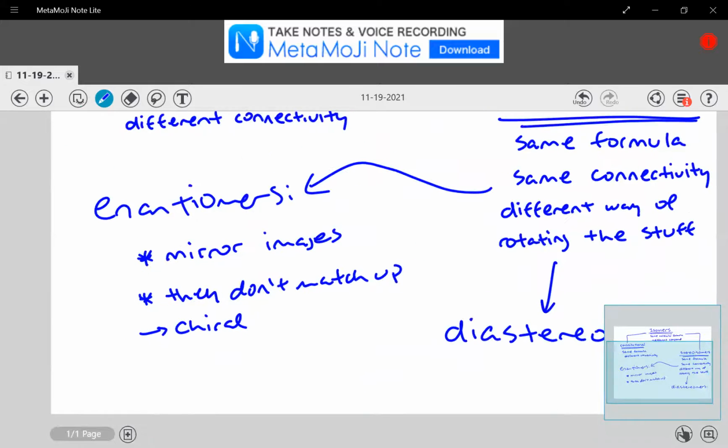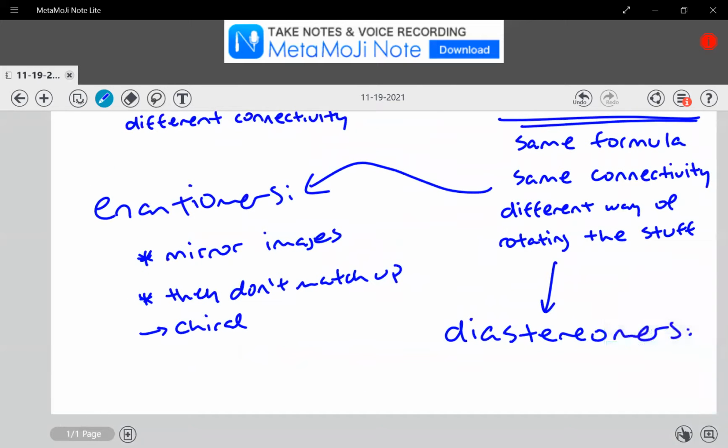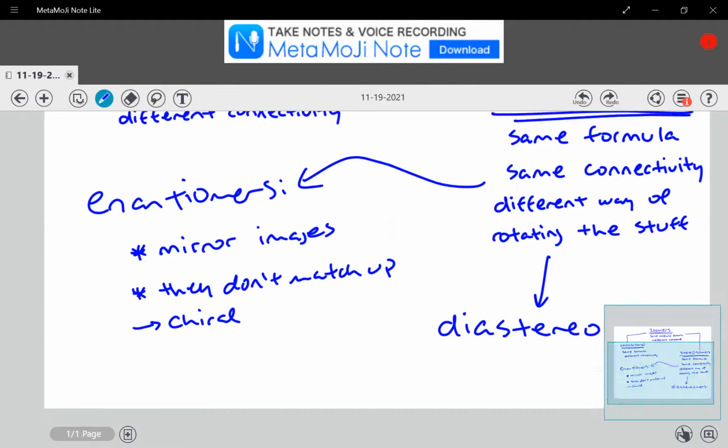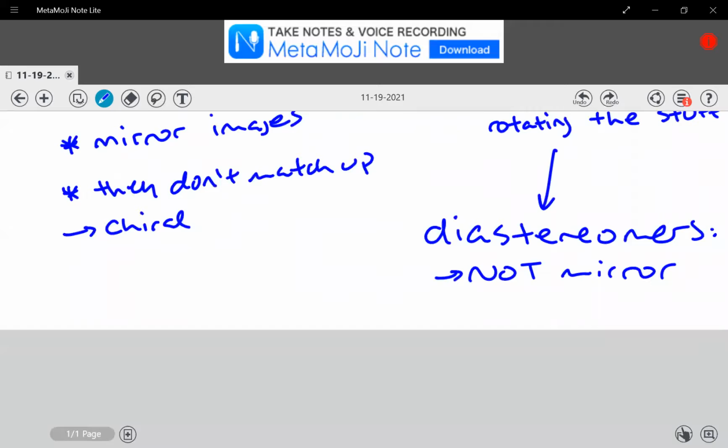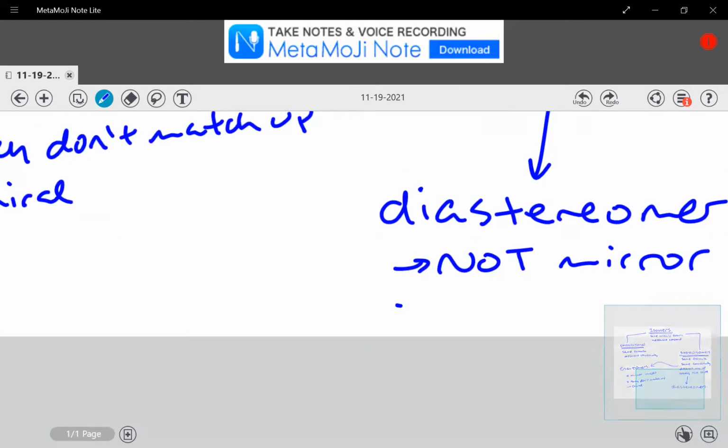They are just chiral molecules. Diastereomers are not chiral. They are not chiral. I repeat, diastereomers are not chiral. And do you know why? It's because they don't have this thing called mirror images. Diastereomers? No, not mirror images. So not mirror. No mirror. No mirror, no chiral. Okay? No mirror, no chiral. And they don't match up.